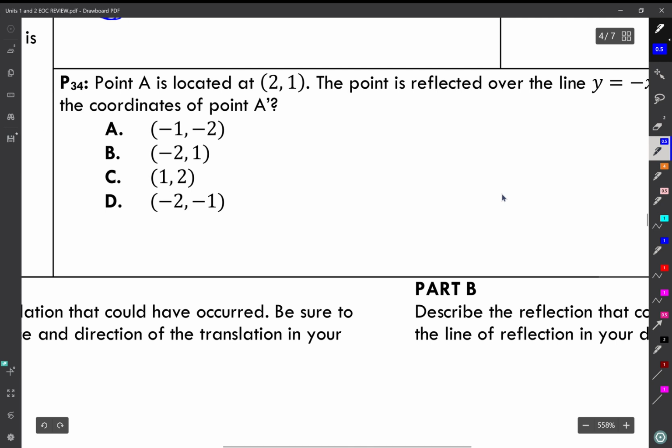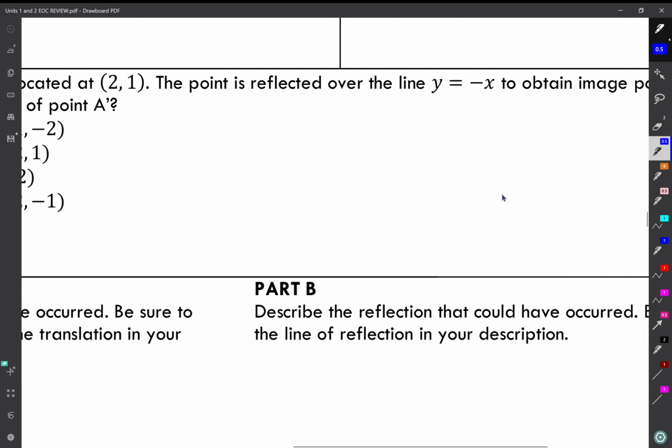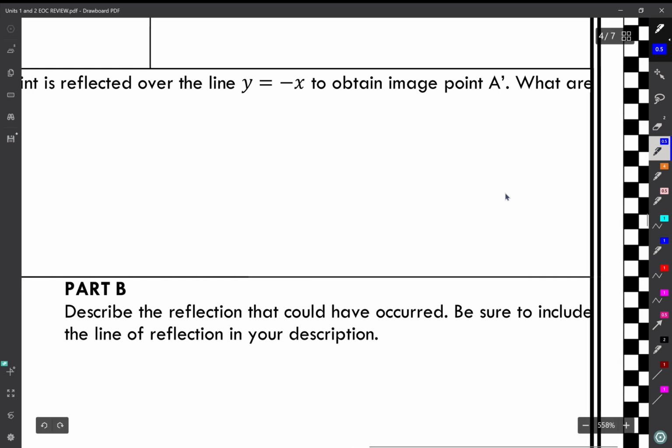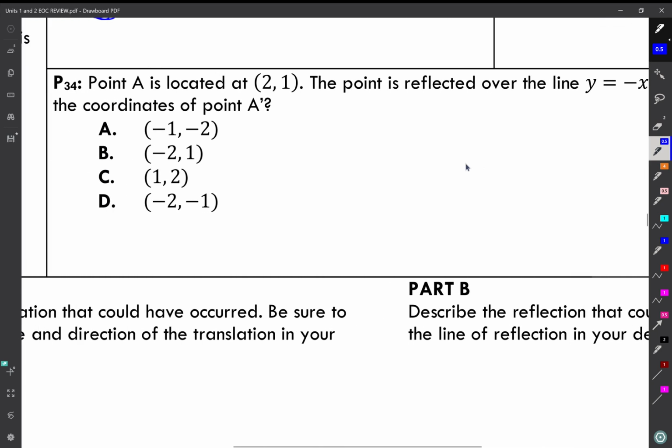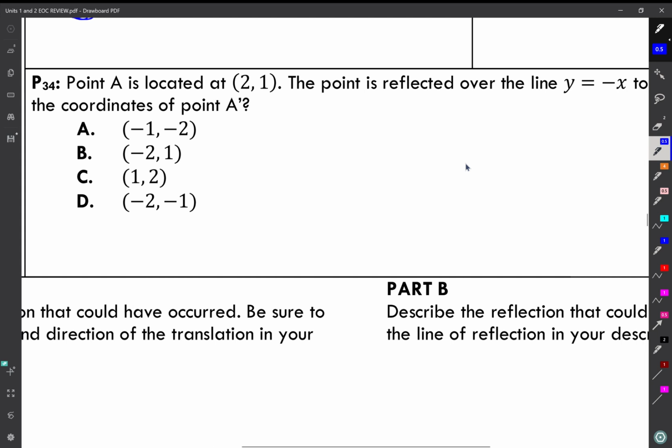Number 34. Point A is located at 2, 1. The point is reflected over the line y equals negative x to attain the image point A prime. What are the coordinates of point A prime? Alright, so for this one, when you reflect over the line y equals negative x, the formula for this one is, if you don't remember, I'll write it down real quick.